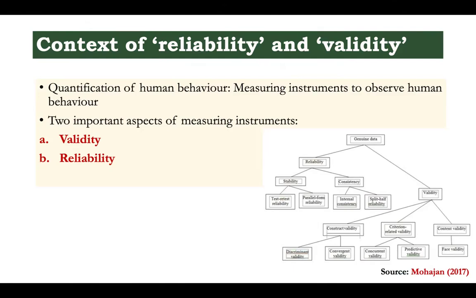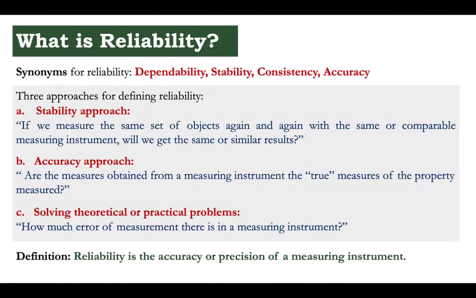Two important aspects of a measuring instrument are validity and reliability. What is reliability? Reliability's synonyms are dependability, stability, consistency, and accuracy.